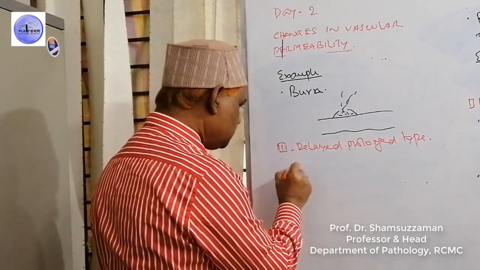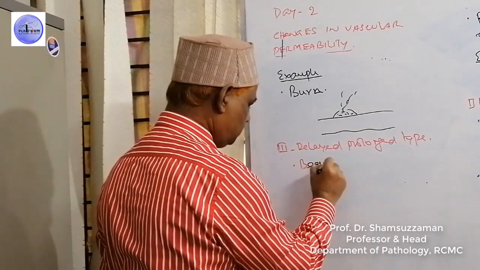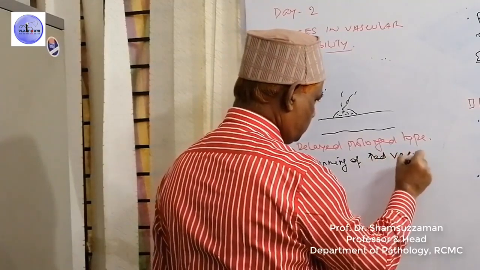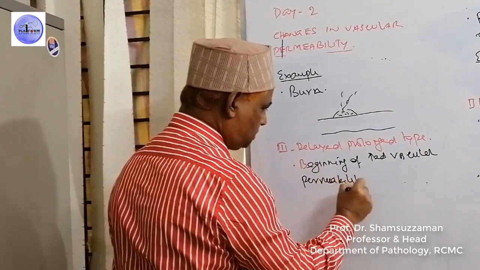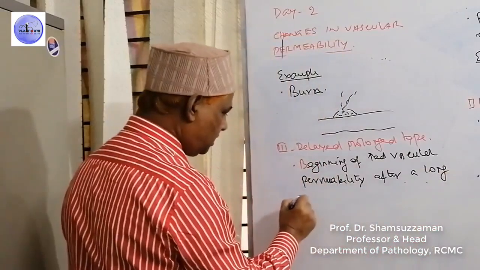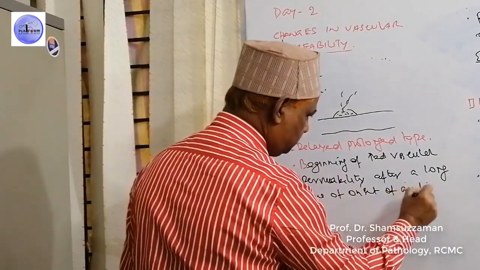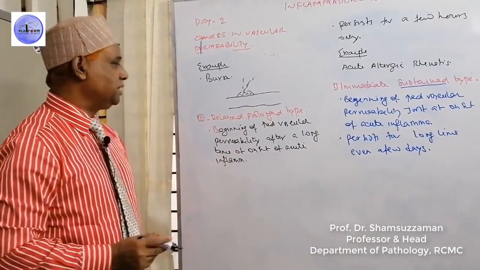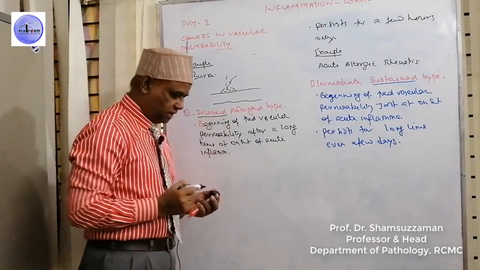It means beginning of increased vascular permeability after a long time of onset of acute inflammation. So it is called delayed type. Why called prolonged?